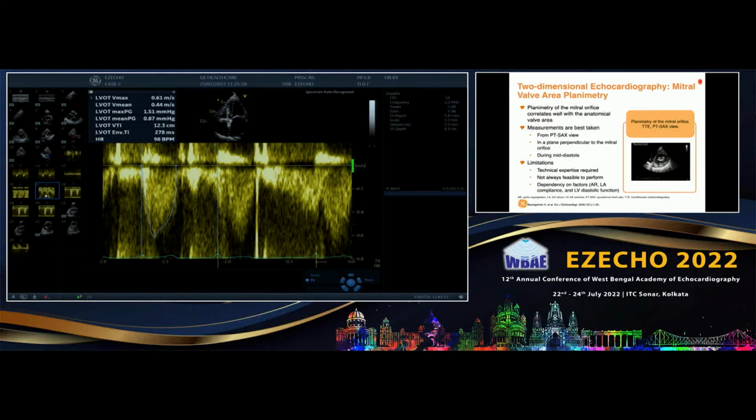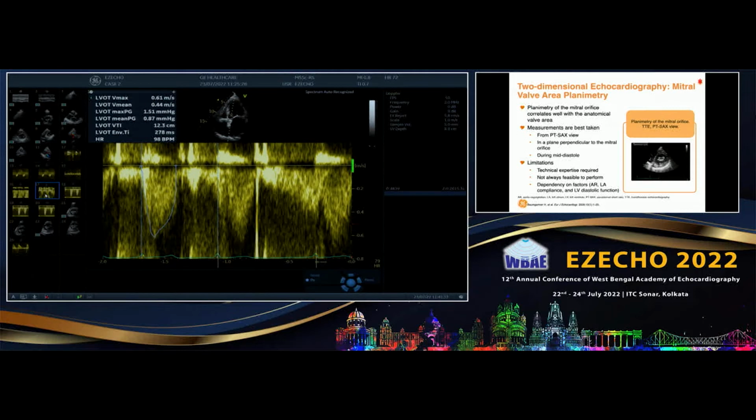Now you know that the cardiac output across the mitral valve is the mitral valve VTI into the mitral valve area, and across the LVOT it is the LVOT cross-sectional area into the LVOT VTI. Both should be the same.